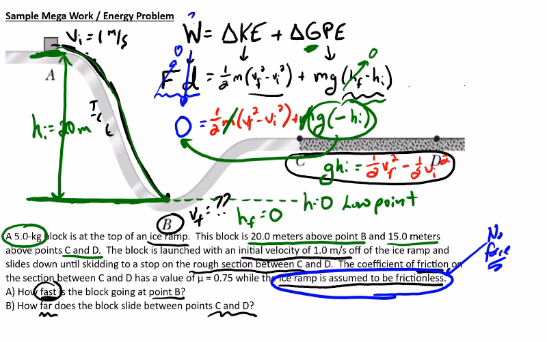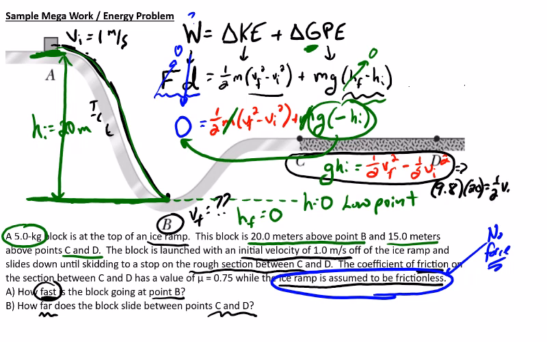Now I can plug in my numbers and solve for Vf. I know the acceleration of gravity is going to be 9.8. So as I solve this, I'm going to end up with 9.8. My initial height was 20. And then I'm going to set that equal to 1/2.